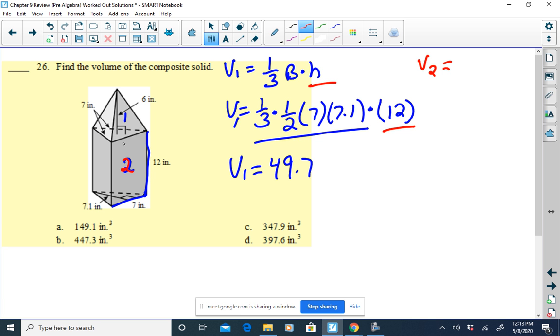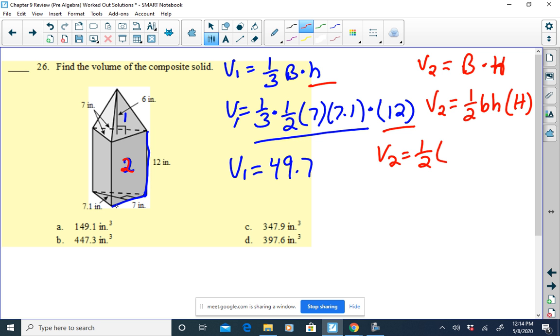That's going to be base area times height, not 1/3 because it's a prism. So volume 2 is going to be the base area, which is 1/2 base times height, and then we multiply that by big H, the height of the prism. Volume 2 is 1/2 times 7 times 7.1.